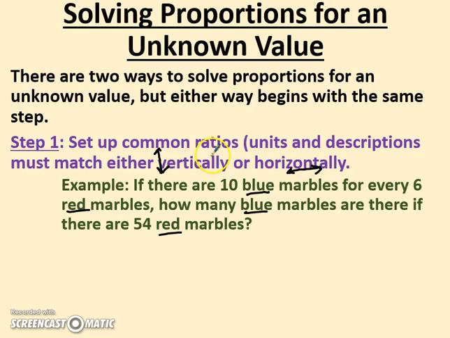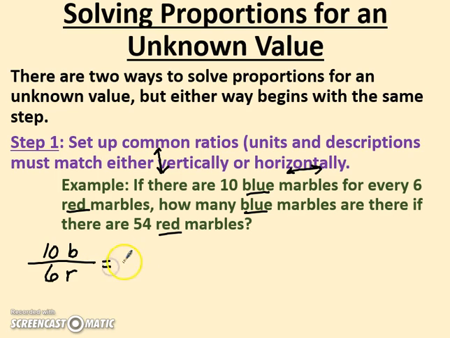But within that, vertically or horizontally, we could switch them two different ways. The most basic way is to choose the layout of the first part. It says 10 blue for every 6 red, so put 10 blue over 6 red.